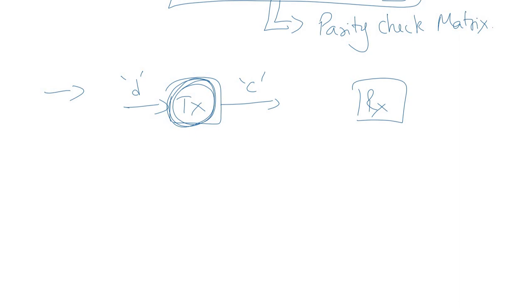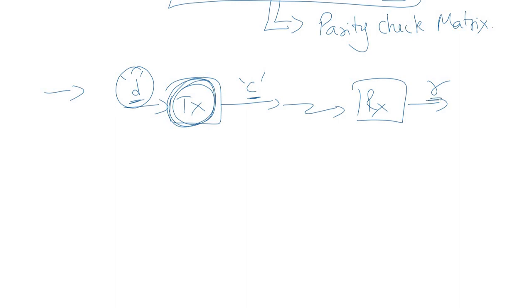Okay, and at the receiver end we get R as the received word. Because we know that during transmission there are good chances that error might take place in the received signal. So D was the original data, using this D a code word C was generated and transmitted, and the received word is R.